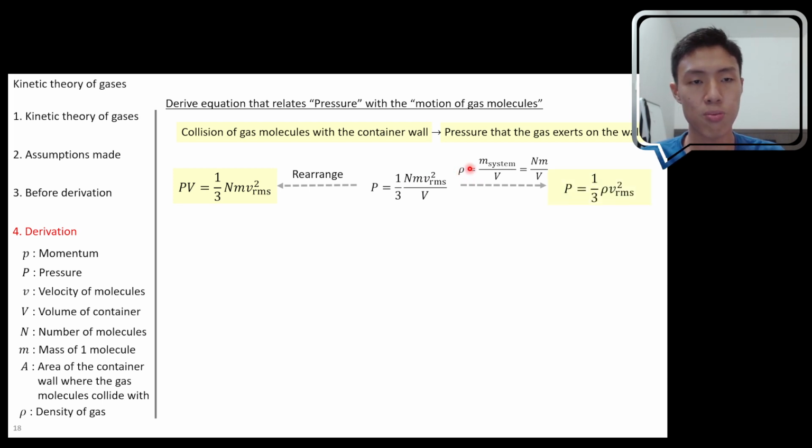The equation will now be pressure equals (1/3) rho Vrms squared. From here, we have derived the equation that relates pressure and the motion of gas molecules, by relating pressure and Vrms. And that's how we relate macroscopic properties and the microscopic behavior of gas molecules.